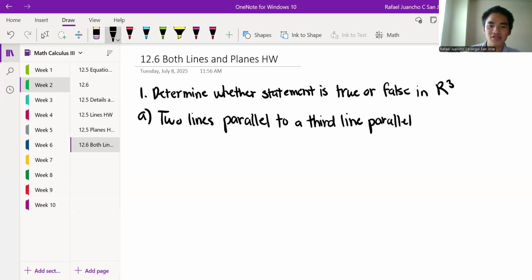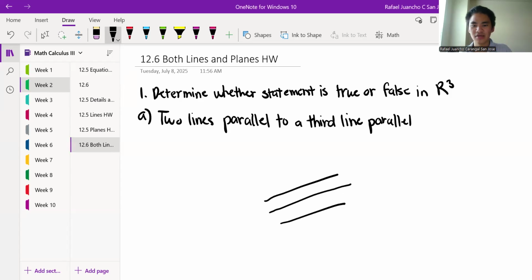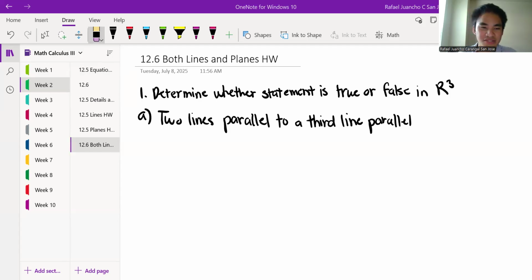Well, you have two lines parallel to a third line. Is that true or false? I don't know. Let's go to the explanation and see what in the world this means.